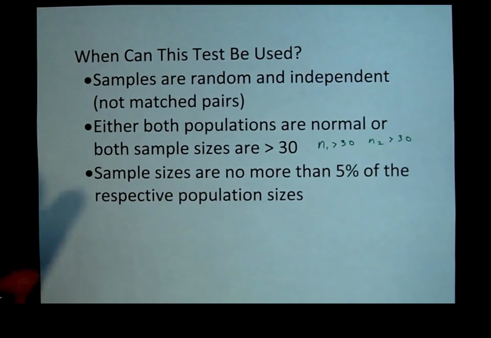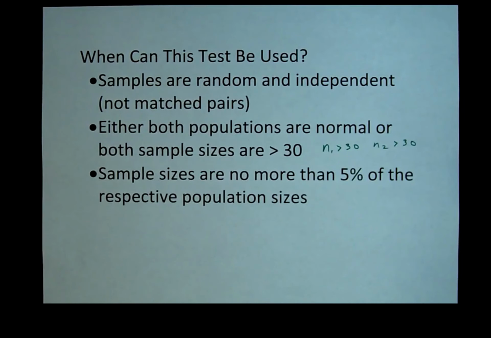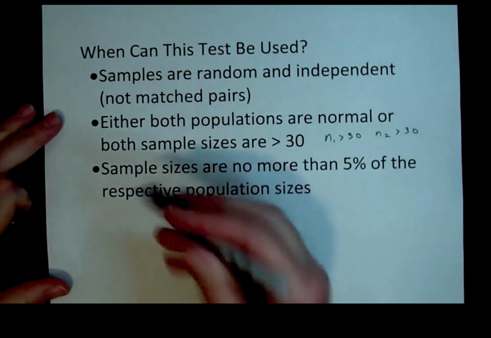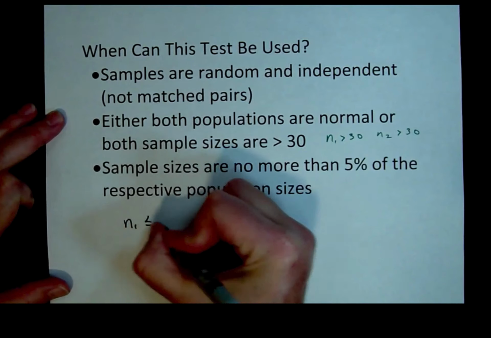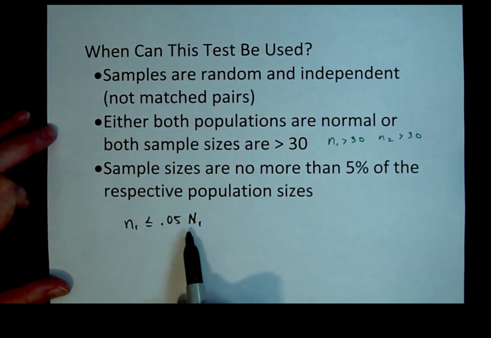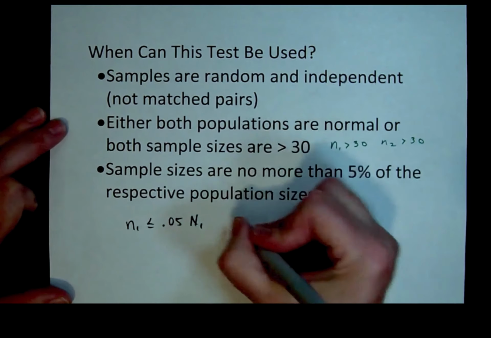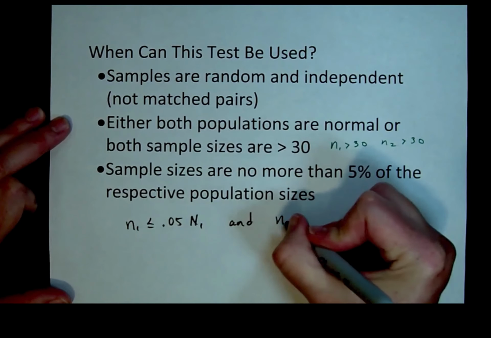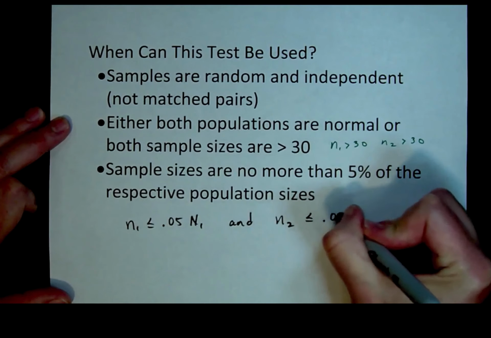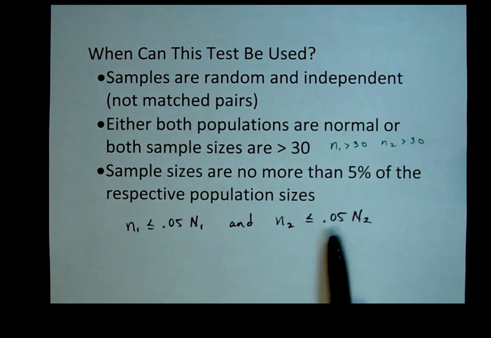And the sample sizes are no more than 5% of the respective population sizes. In other words, little n1 is less than or equal to 0.05 times capital N1. Remember, the capital letter refers to the population. The small letter tends to refer to the sample. And we also need n2 to be less than or equal to 0.05 times capital N2. So less than or equal to 5% of the size of population 2.